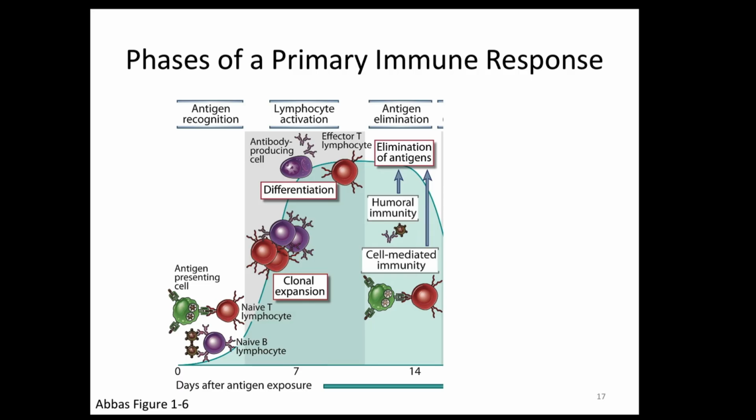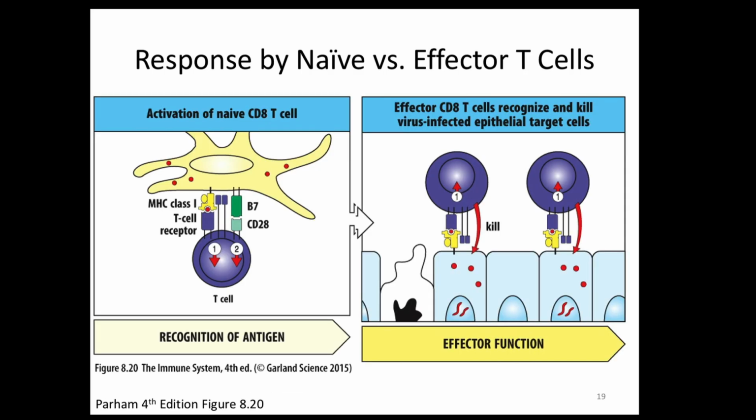And you've already seen this in the case of T cells, that naive cells and effector cells are different from each other. There is something that happens to the cell as a result of this experience and this differentiation. One thing that you've already seen is that the naive T cells required signal 1 and signal 2 to be activated, while the effector T cell only required signal 1 to further do its function.